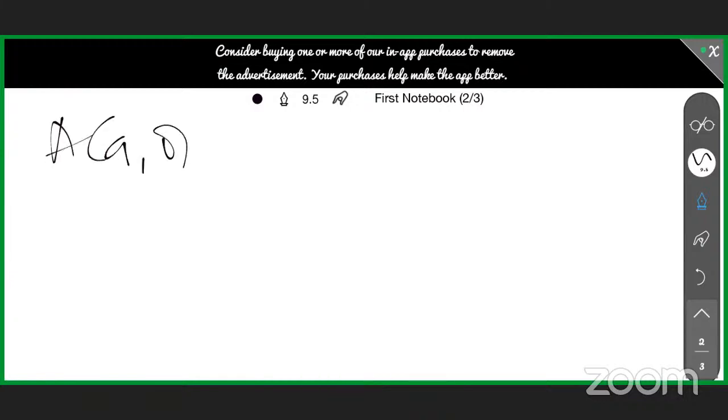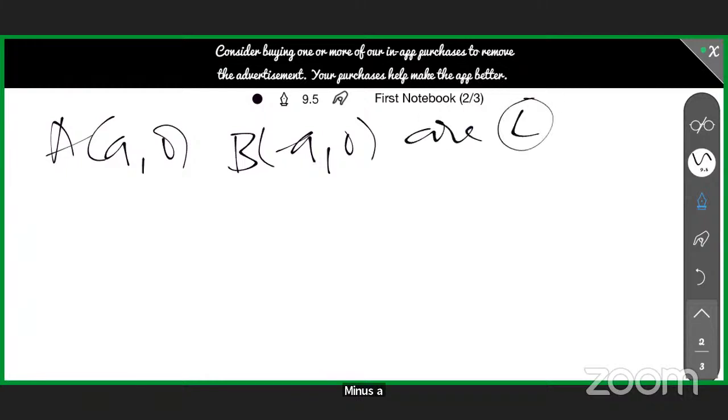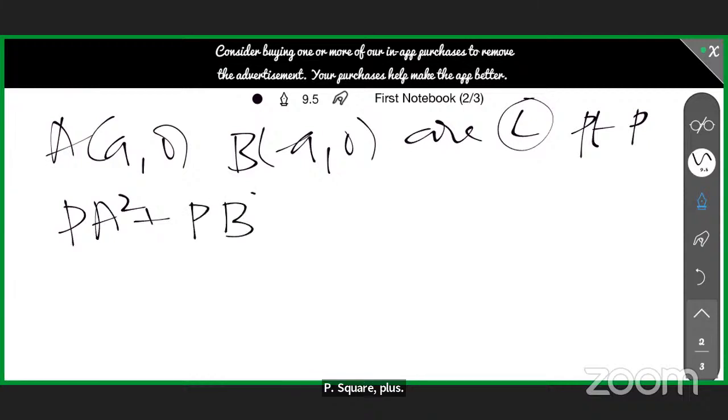A comma 0 and B, minus a comma 0, and the locus of point P which satisfies the condition PA square plus PB square is equal to 2c square. No, it's not the Pythagoras theorem.